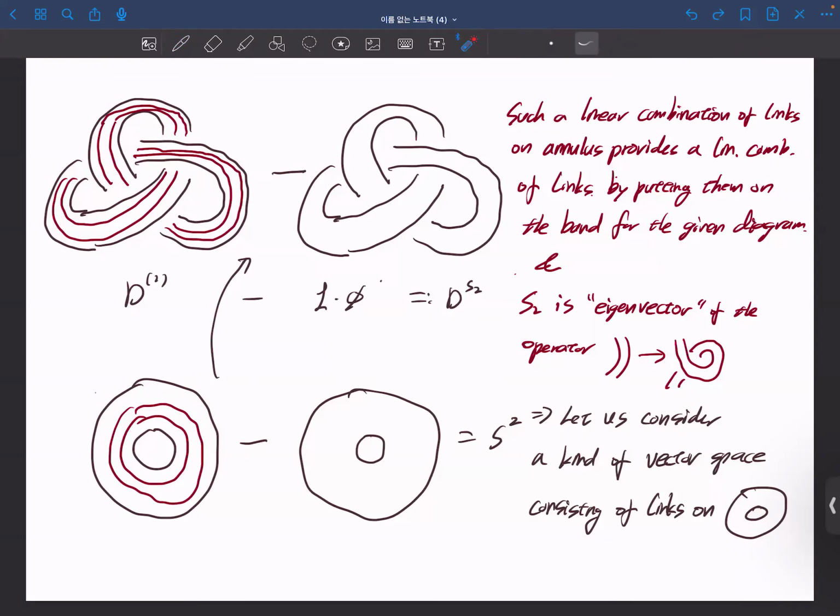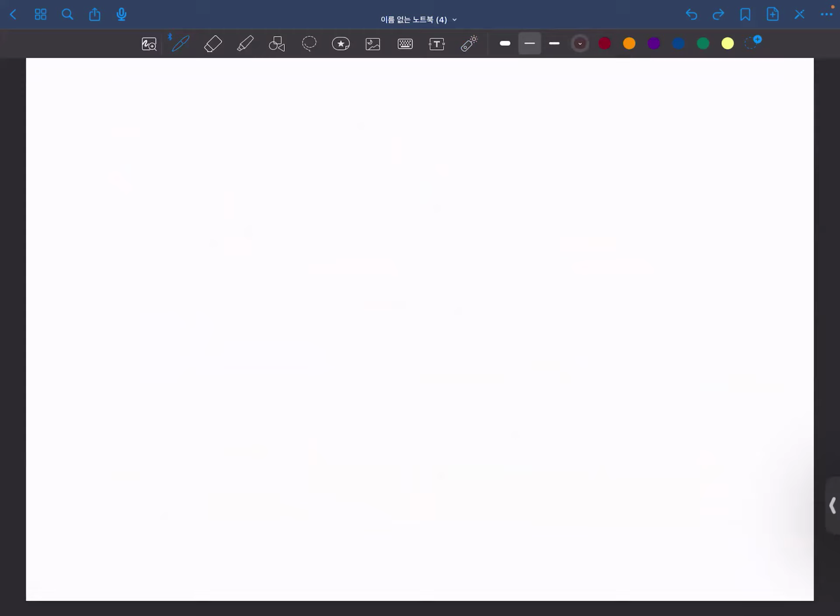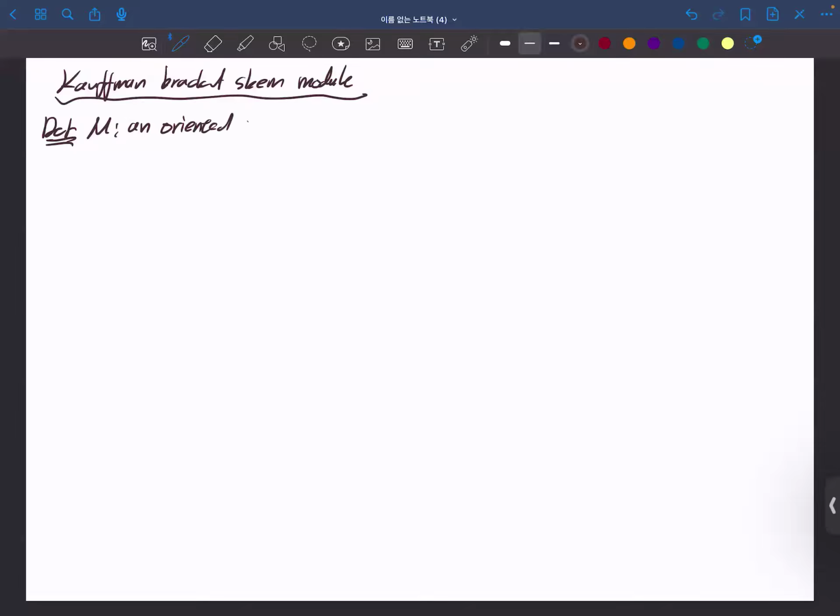So for that, I would like to introduce one notion which is called the Kauffman bracket skein module. Then what is it? Let M be an oriented three-manifold, maybe with boundary or not, and R a commutative ring with identity.